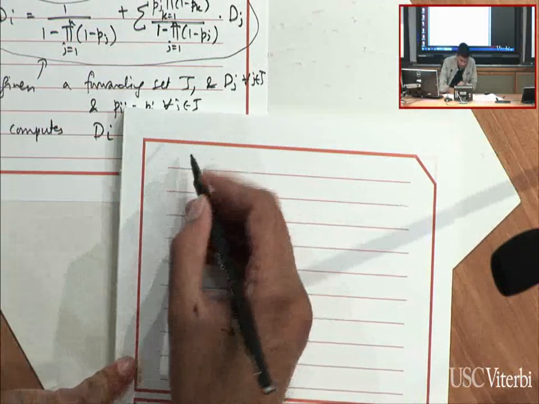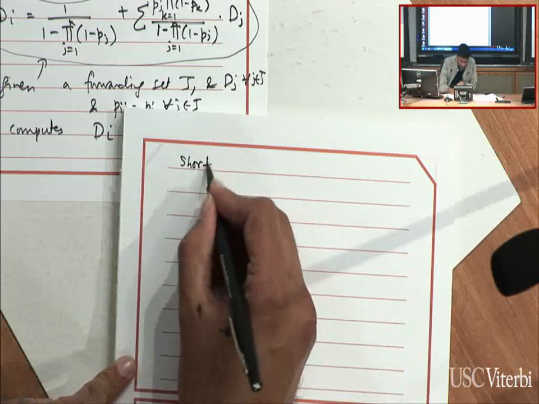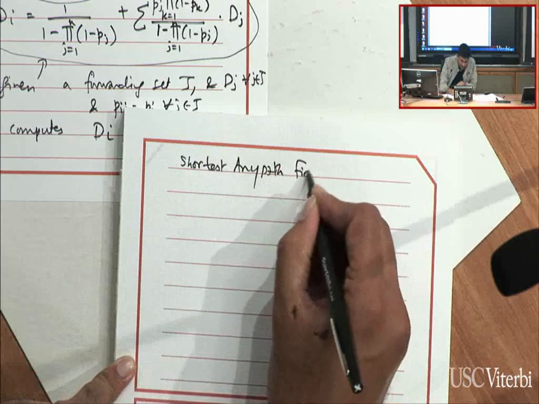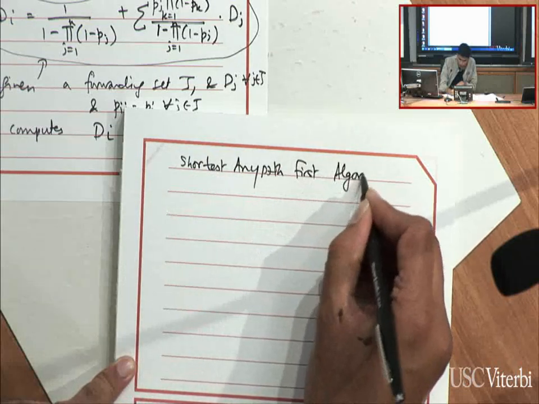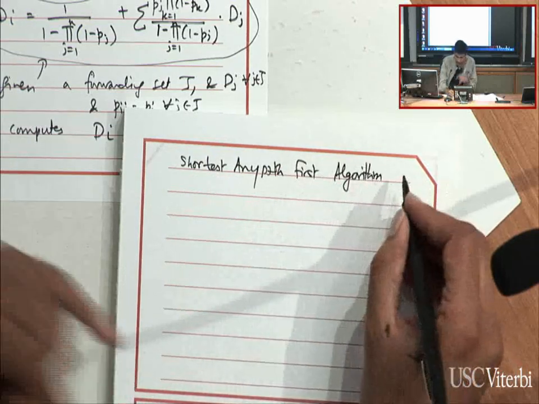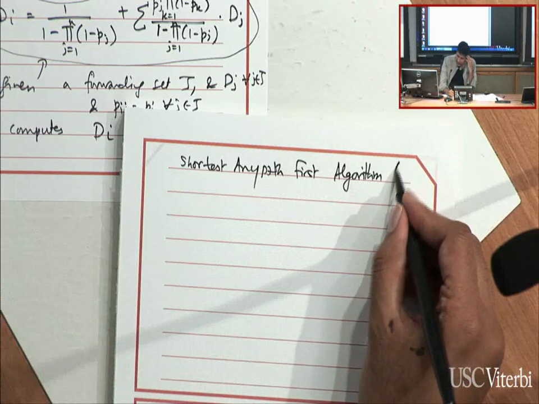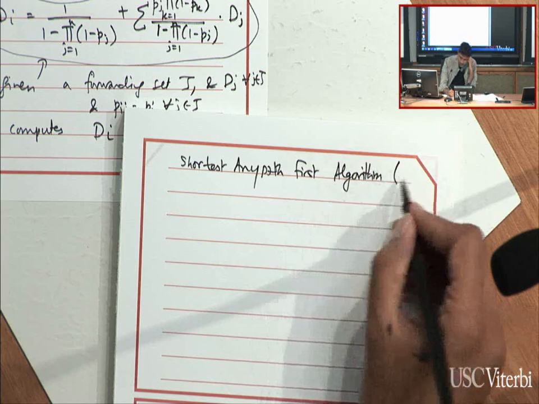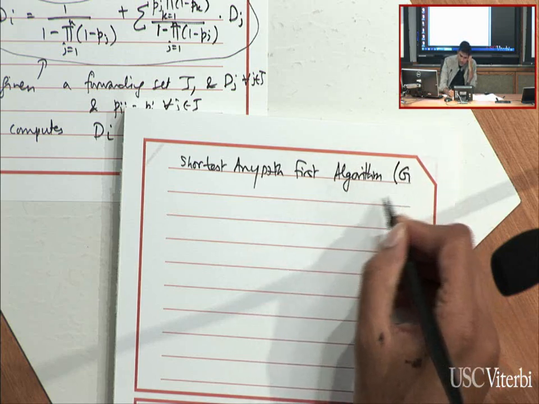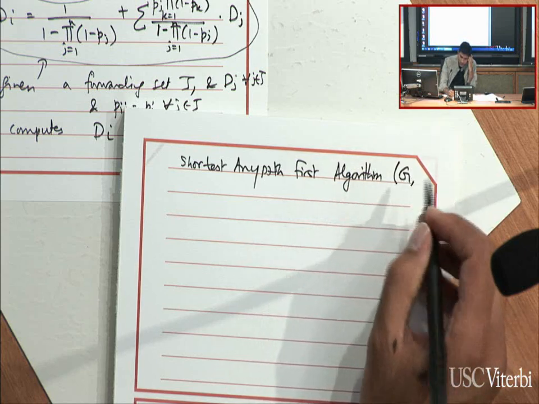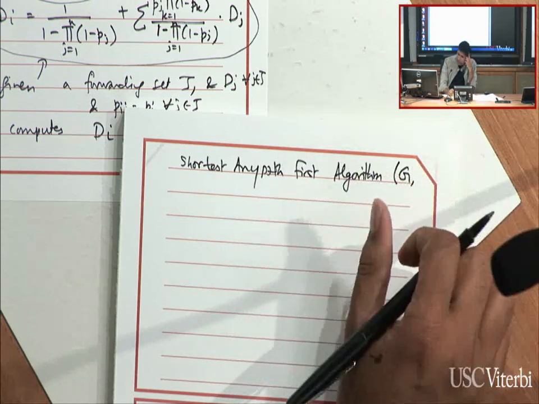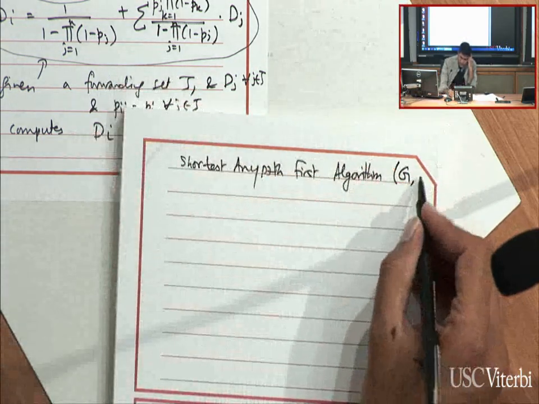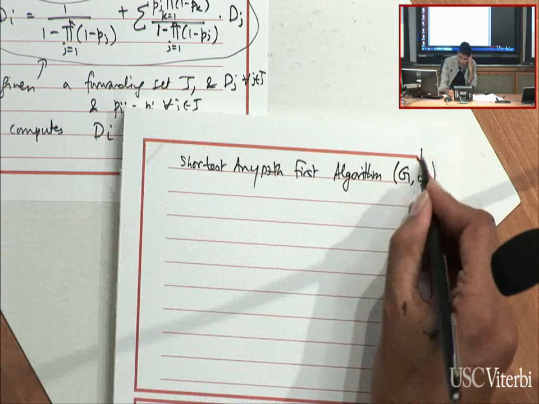So this algorithm that goes by the name of the shortest any path first algorithm takes as input the graph describing the network as well as the link costs associated with each link in that network, and the probabilities, which you can derive from the distances, as well as the destination node.